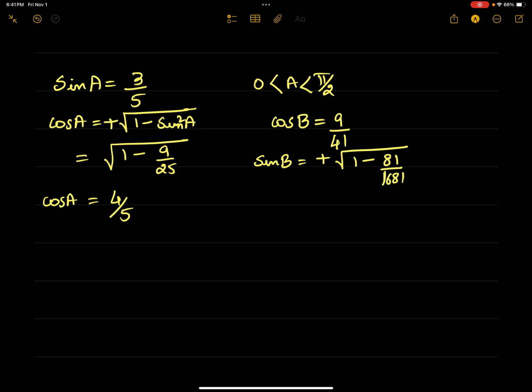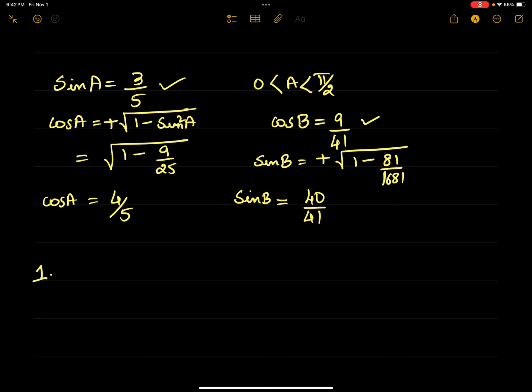Please use a calculator if you are not familiar with the squares. Then if we solve this, we would get sine B is equal to 40 by 41. So now we know the value of sine B and cos A, and cos B and sin A are already given.